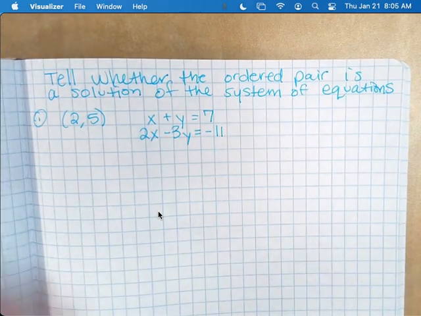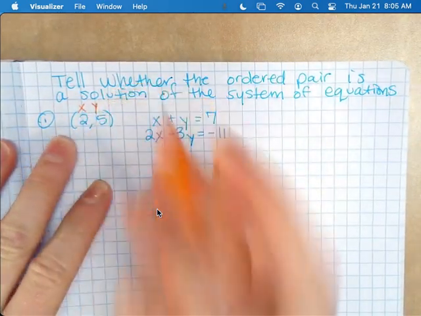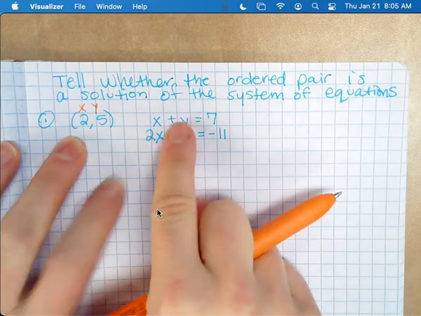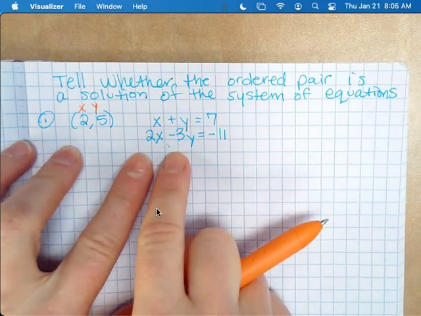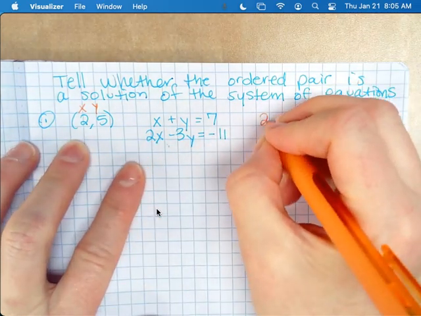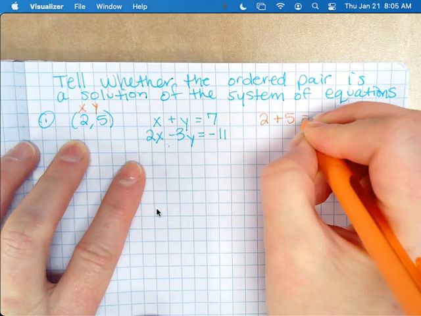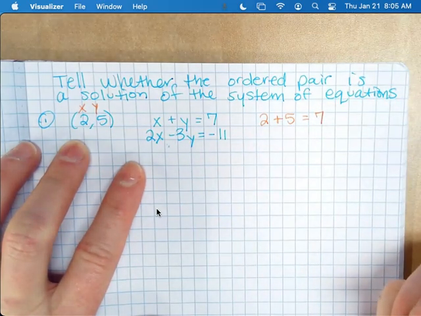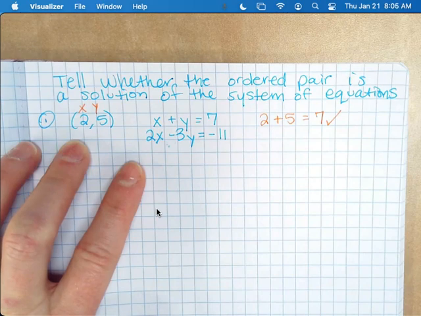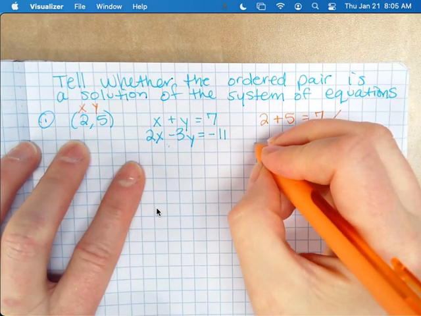So I'm going to plug in a 2 and a 5 and see if it's true. I'm going to plug it in for the first equation and the second. It has to be true for both equations. So 2 plus 5 equals 7, right? Is that true? Okay, so I'm going to put a little check mark by it. And we have to do the other one too.